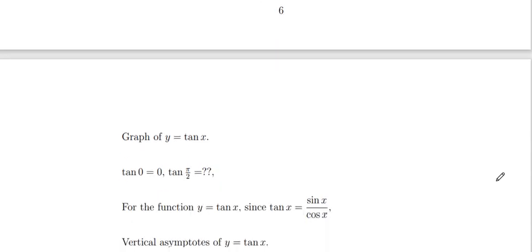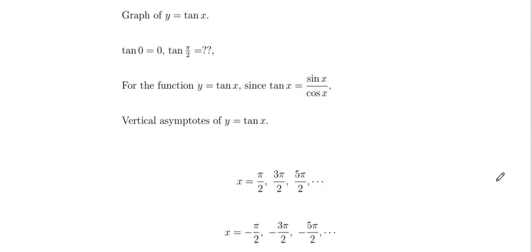Okay, so those are the graphs for sine and cosine. How about tangent? Again, we check 5 points. We check tangent of 0 and tangent of pi over 2.